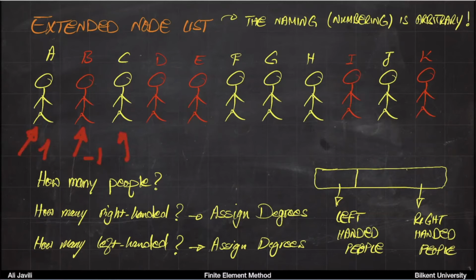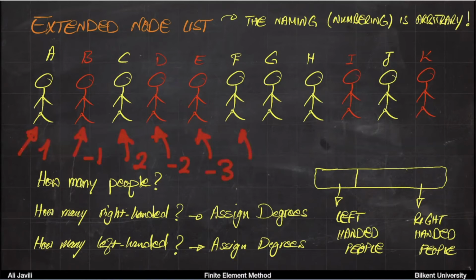Then this guy, he has heard the 1 and he knows he's left-handed, so he adds 1 to it, so he would shout 2. Then the next guy, he has heard the last negative number and he's right-handed, so he will shout -2. The next guy would shout -3.